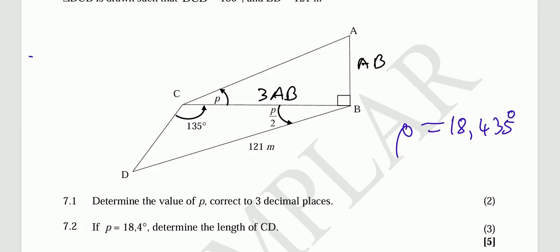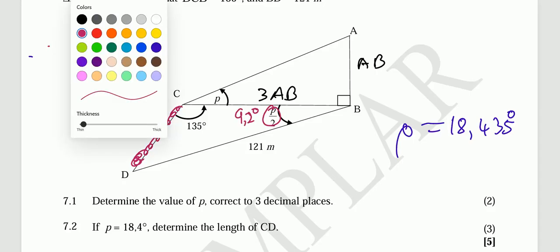We are looking for the length of CD, and let's label it. We have P being 18.4. Let's solve for this angle if P is 18.4. That means it's 18.4 divided by 2, which is going to give us 9.2 degrees.